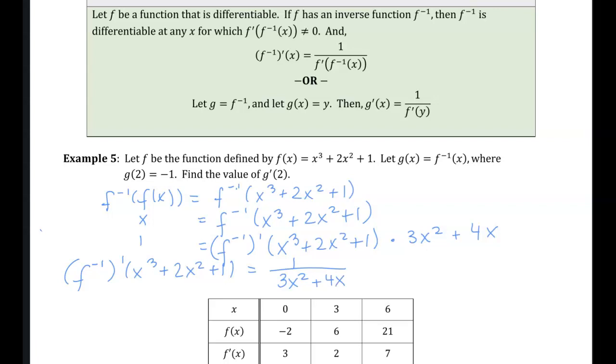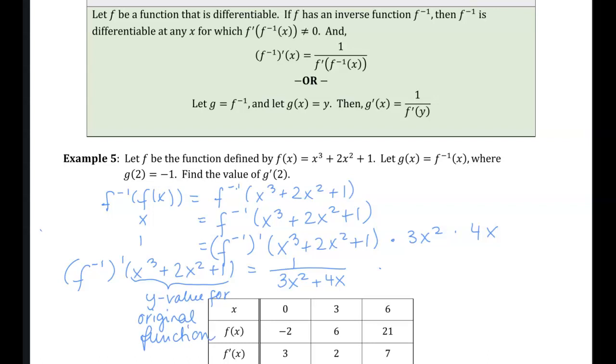So when we're wondering whether we should plug in x or y, we can clearly see that this is the y value for the original function over here.